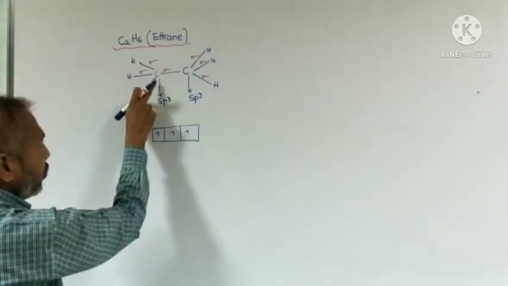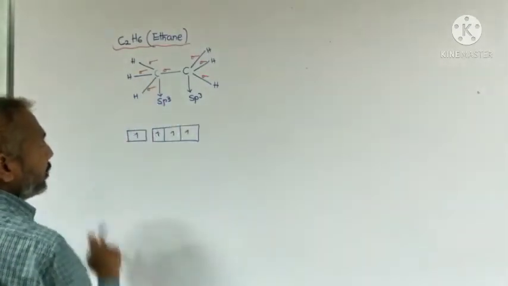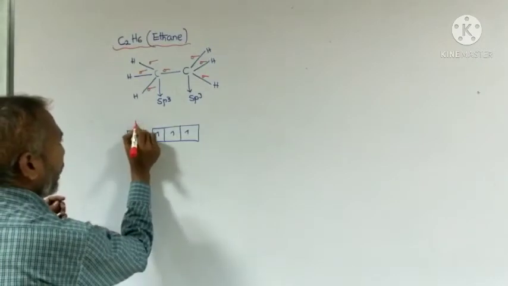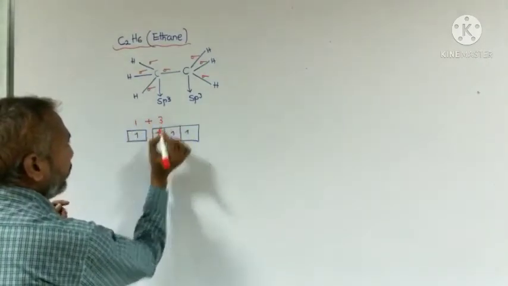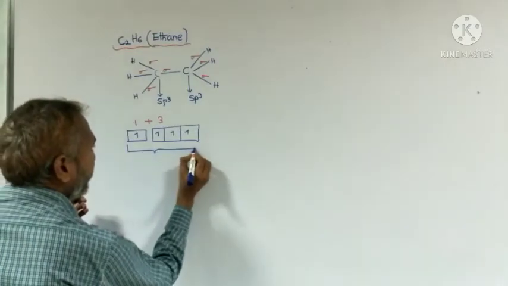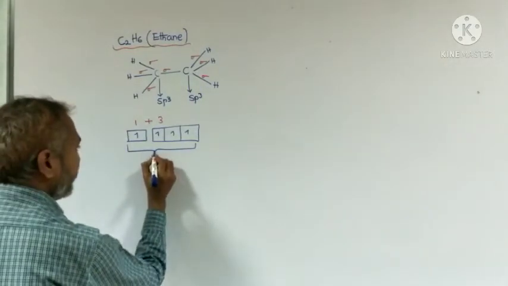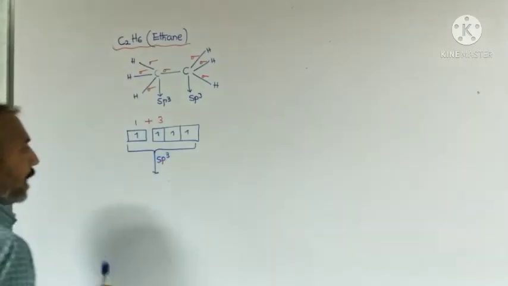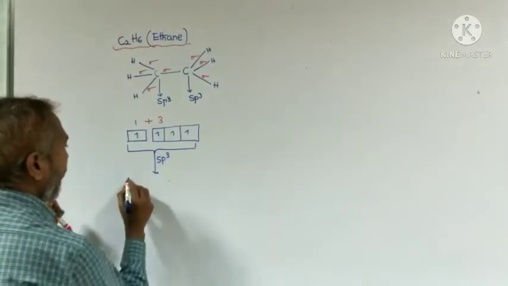Which hybridization does it undergo? sp3 hybridization, that means 1 s orbital and 3 p orbitals intermix to form 4 equivalent sp3 hybrid orbitals.